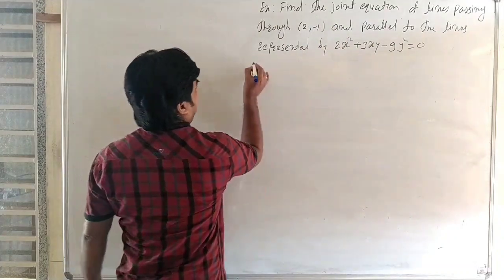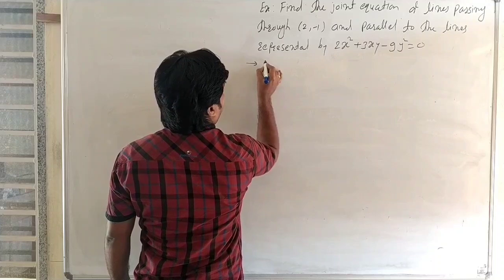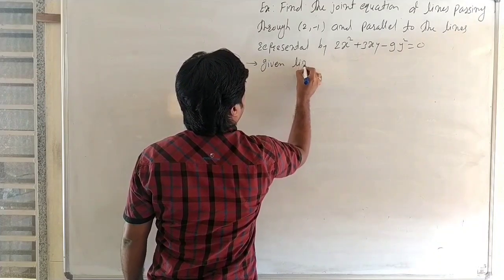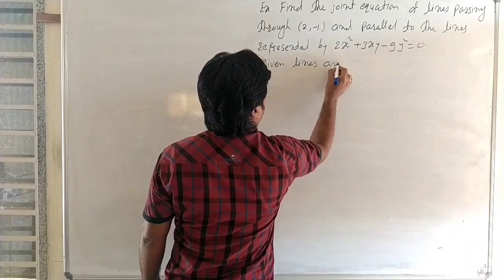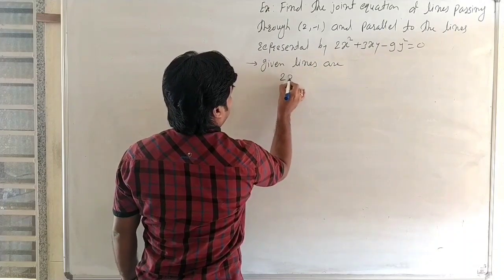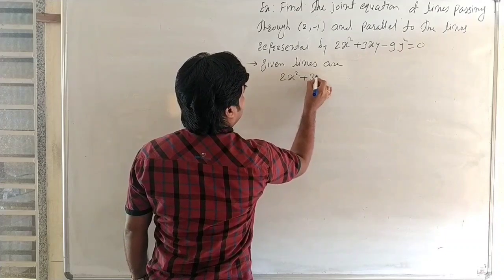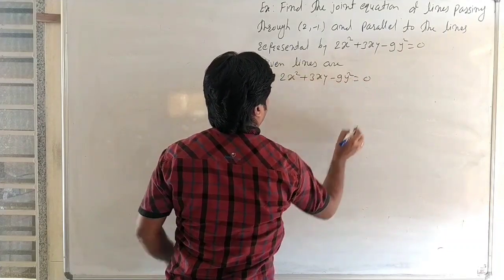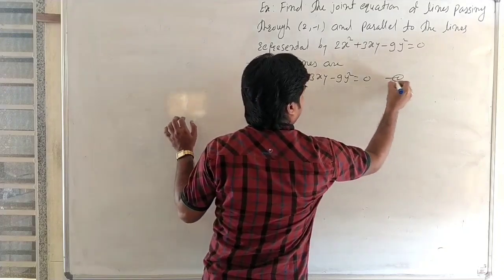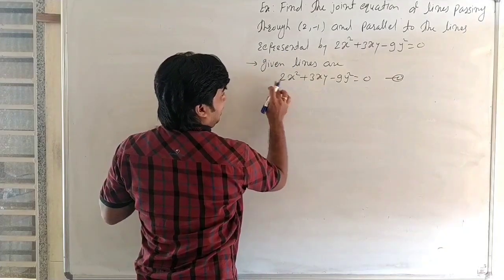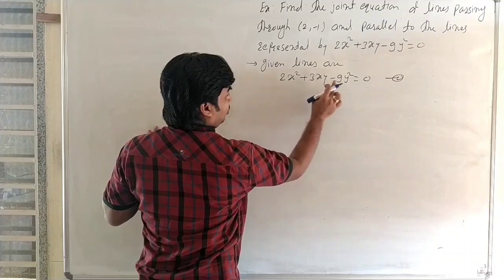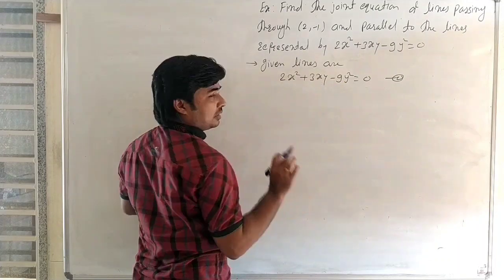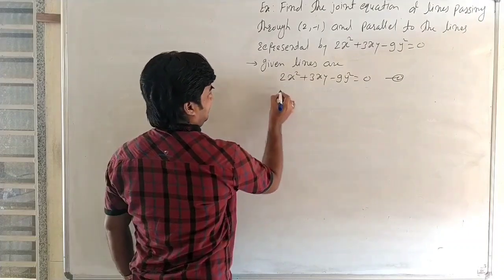Okay, here the given lines are 2x square plus 3xy minus 9y square equal to 0. Therefore, we factor: 2 into minus 9 is minus 18, the multiplication is minus 18 and the addition is plus 3, that means plus 6 and minus 3.